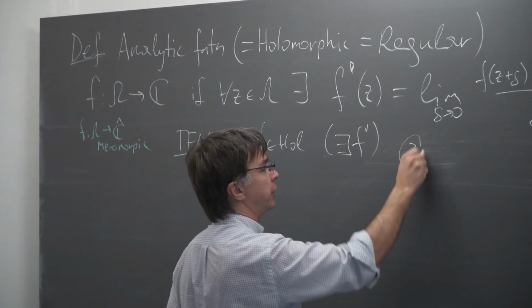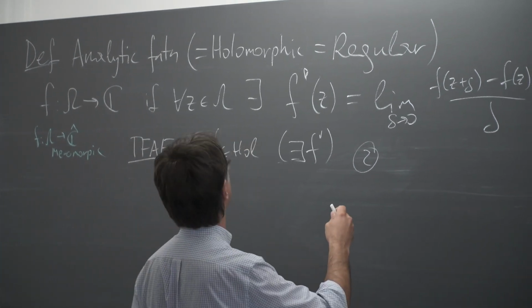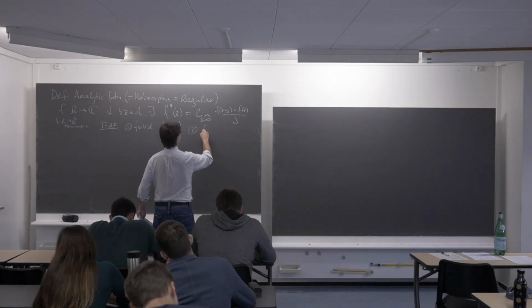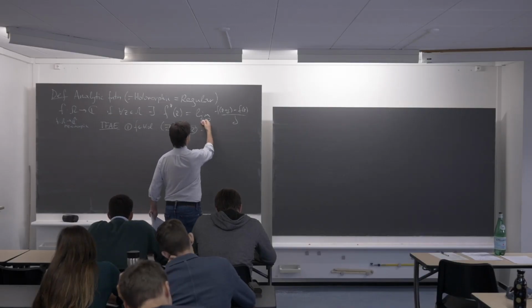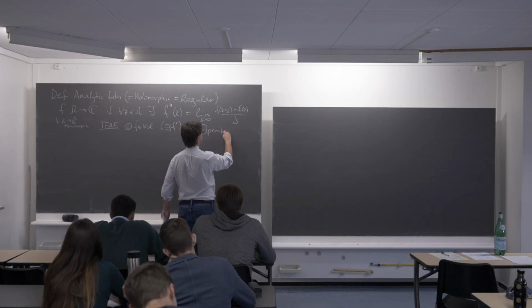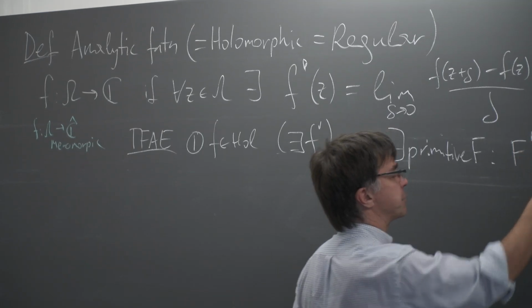Second property is that there is a primitive F capital, so that F capital prime is equal to f.